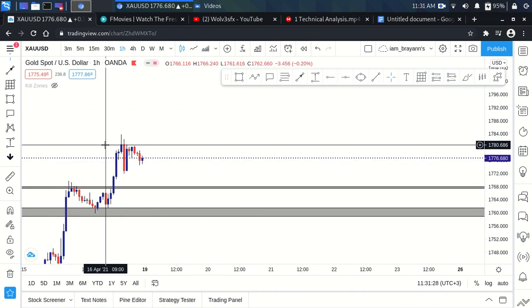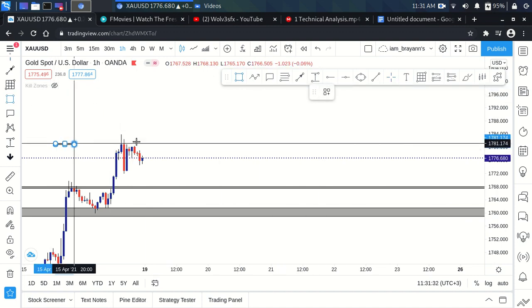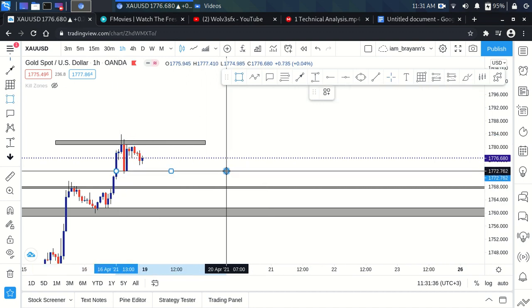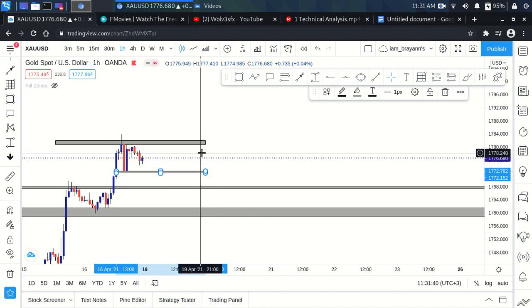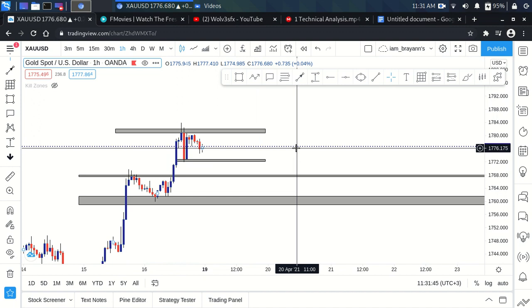So after marking up our zones, we have that and that. So in technical analysis, actually in every analysis, you can either enter a buy or a sell position.